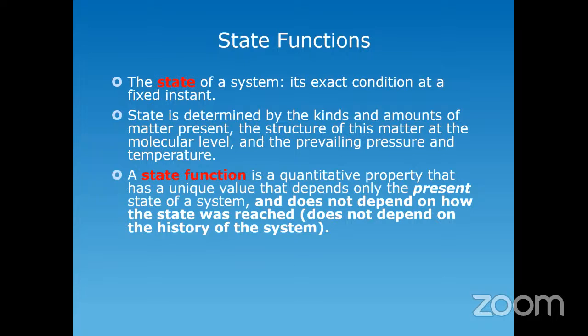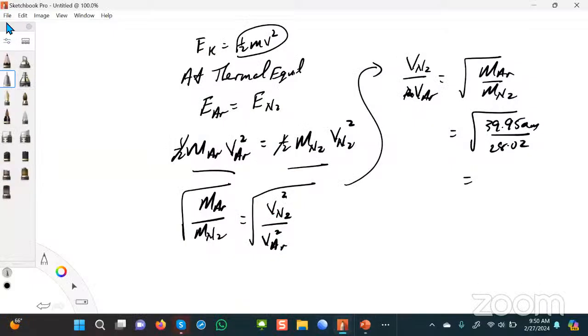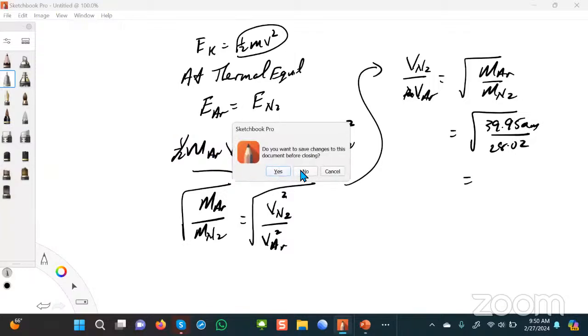So for example, let's say you have a piece of iron, and let's say the iron is a solid at 50 degrees Celsius, right? And let's say all you did to this is heat it to 70 degrees Celsius, right?